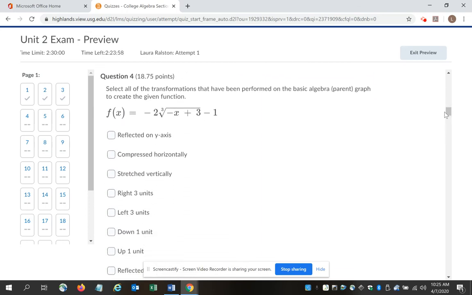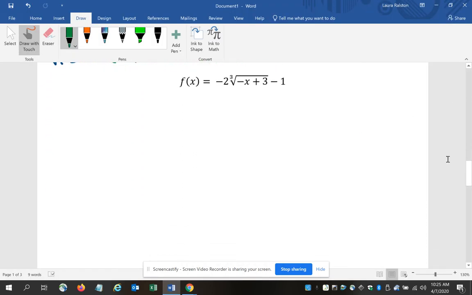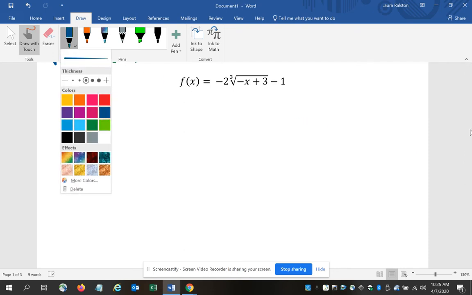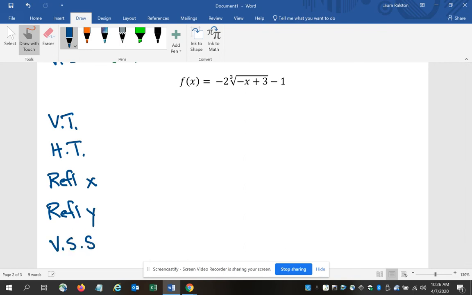Question 4, again, is another transformation. And the function is f of x equals negative 2 times the cube root of negative x plus 3, minus 1. Again, you want to identify your vertical transformation, your horizontal transformation, whether there's a reflection on X, whether there's a reflection on Y, and is there a vertical stretch or shrink or compression.